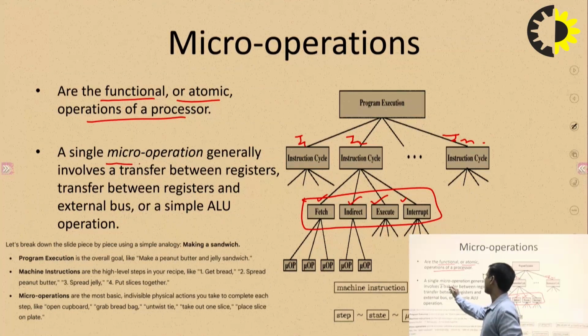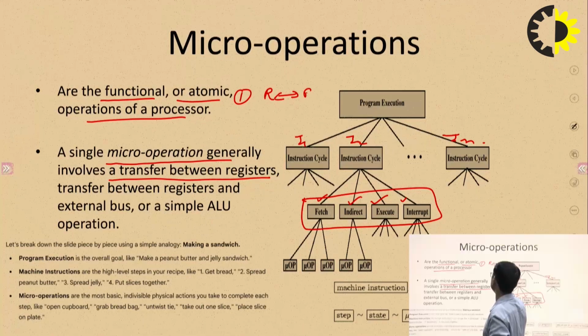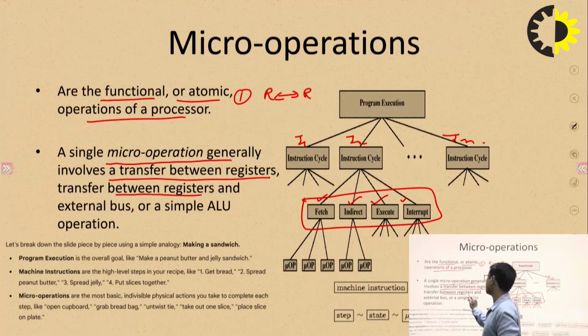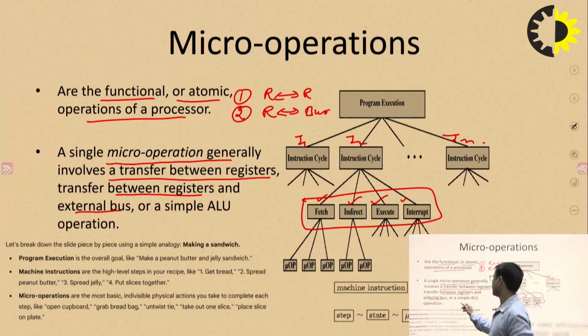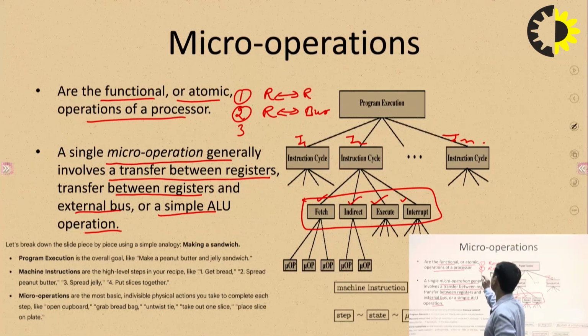A single microoperation generally involves transfer between registers. So this is the first category, register to register transfer operation, and it also involves transfer between register and external bus. So the second category is register to bus, and the third category is all the ALU operations, that is the execution part that happens within the CPU.